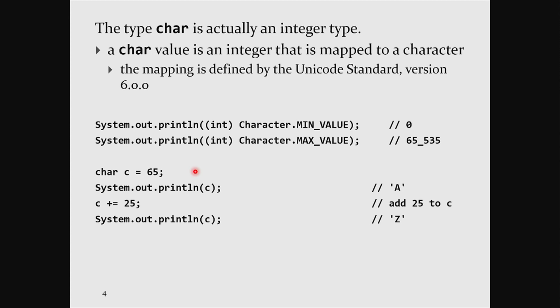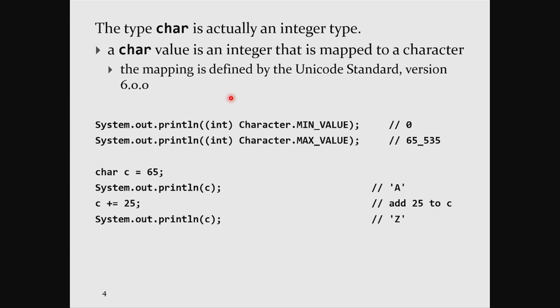The way chars work is that they are an integer value, but when you go to print them out or do some sort of computation with them, they get mapped to a character of some kind. And in Java, the mapping is defined by something called the Unicode Standard, version 6.0.0. There are newer versions of the Unicode Standard for which char doesn't work anymore, which is kind of interesting.